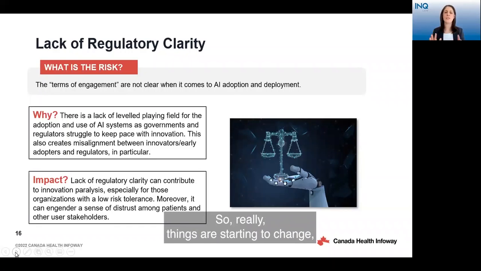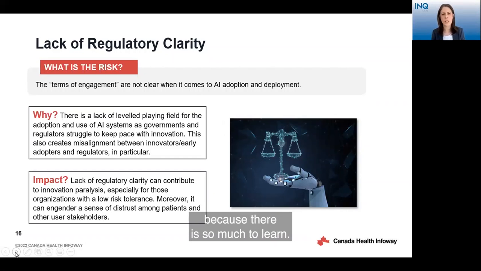So really things are starting to change, which is great for our 69% of the audience that are just coming to this now, because there is so much to learn.